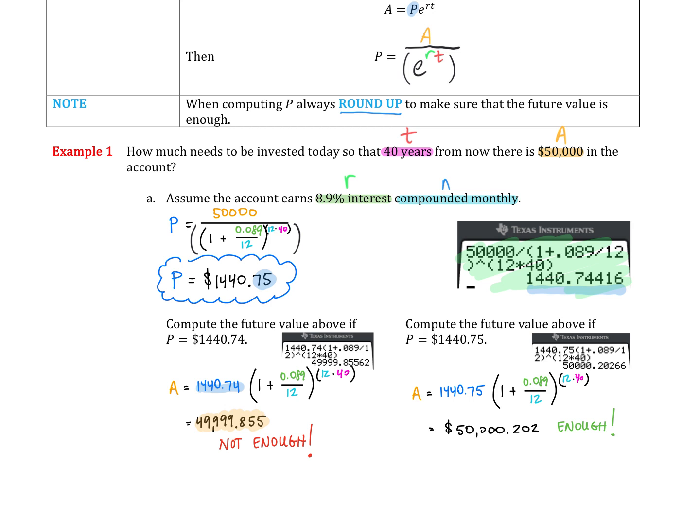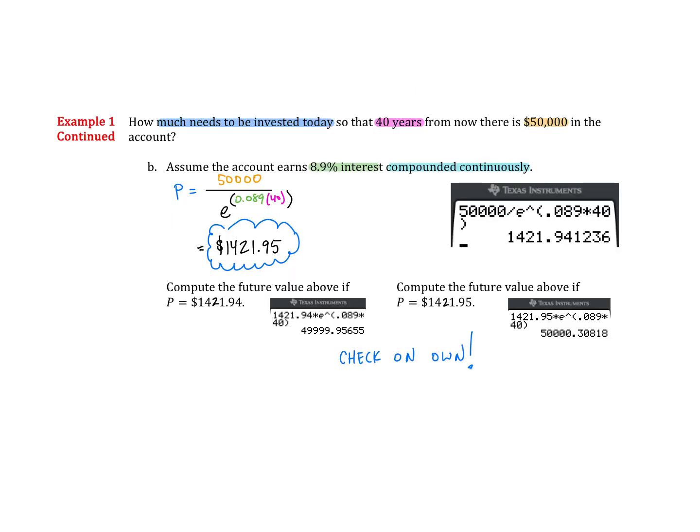Versus if we are using the rounded up version and that 75 cents, using our future value, you will see that, hey, we do have $50,000 in our account at the end of 40 years, and that's what we want.